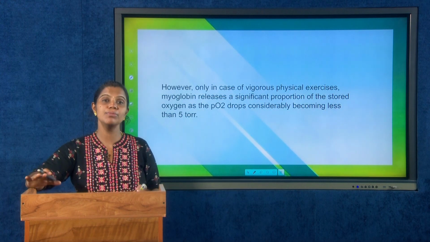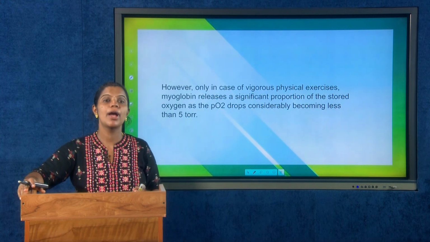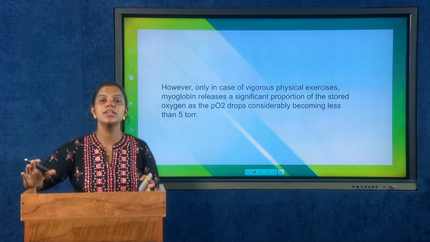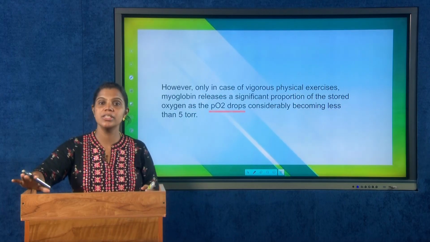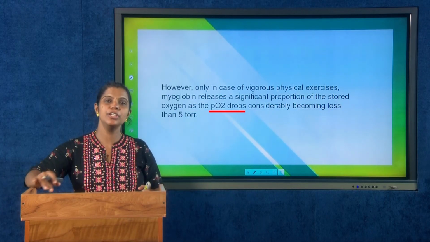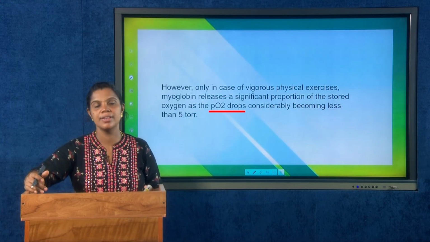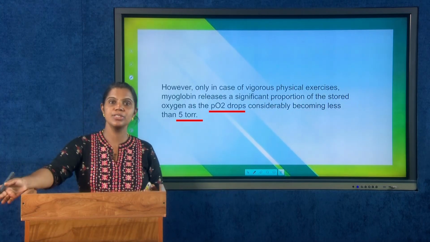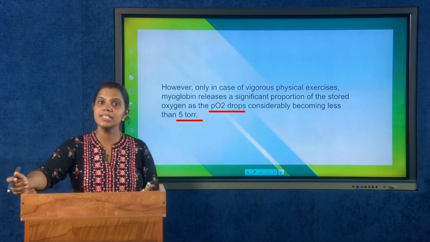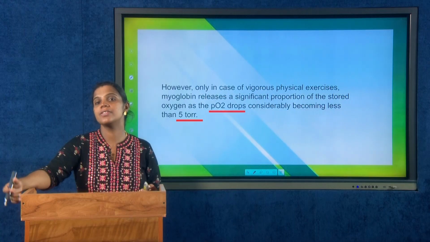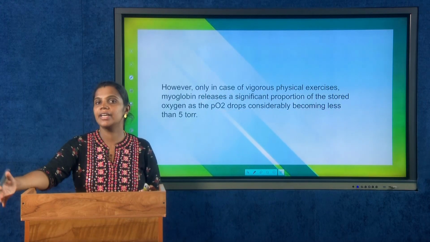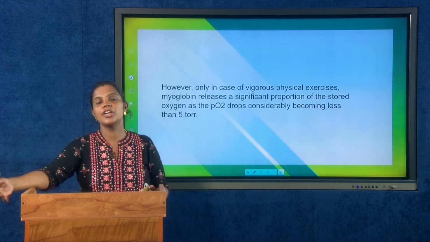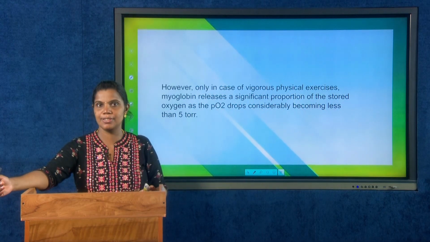However, during vigorous exercise, myoglobin releases a significant portion of the stored oxygen as the partial pressure of oxygen drops considerably, to almost 5 torr. In this situation, myoglobin is forced to release a sufficient amount of oxygen, and the oxygen content in the muscles is reduced.